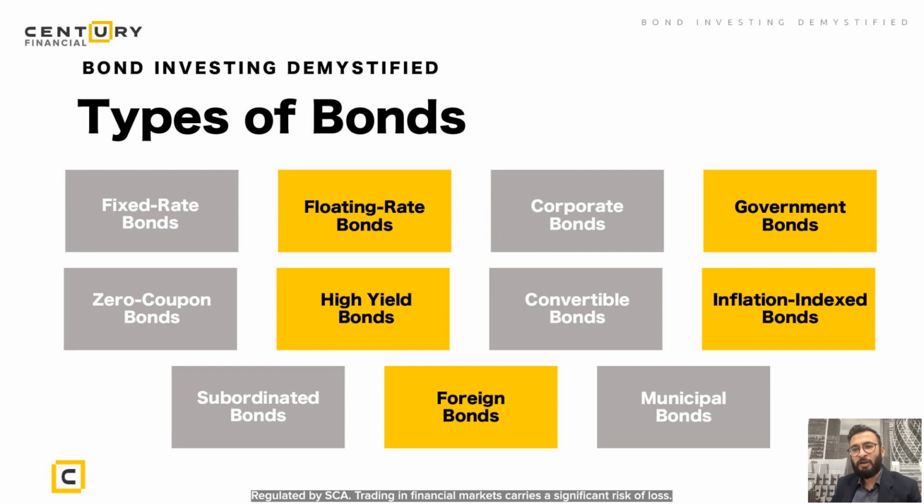If I buy a government bond, will I get a higher coupon? Or if I buy a corporate bond, will I get a higher coupon? What do you think? Okay, perfect. I see a lot of people started answering here.